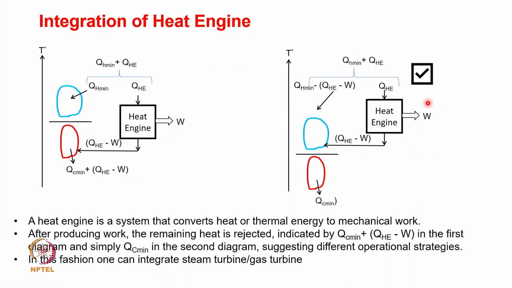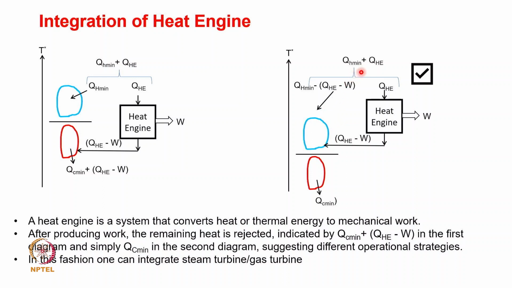But when we integrate the heat engine above the pinch, which essentially means that it takes out the QHE, gives the work and sends the heat back above the pinch, which is QHE minus W. As a result, what would happen? This additional heat is obtained in the top part above the pinch.